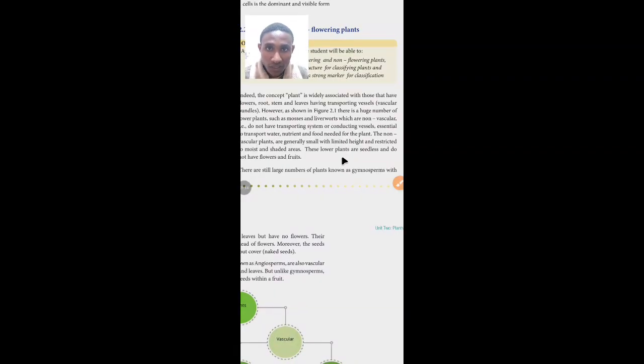So vascular bundles are useful to translocate the produced glucose, changed into starch, to different parts of the plant.